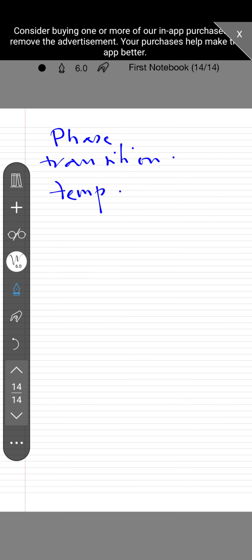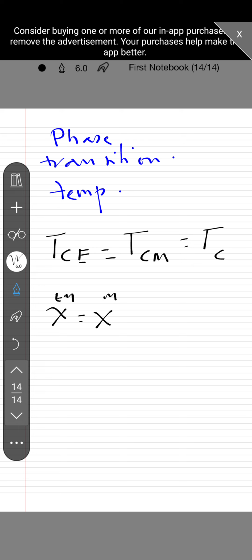For example, we can have a critical temperature for the electric field and a critical temperature for the magnetic field, and they are usually found to be equal. Now, if you relate the susceptibility with temperature, we can write that the electromagnetic susceptibility, equal to the magnetoelectric susceptibility, is proportional to T minus the critical temperature to the power half.